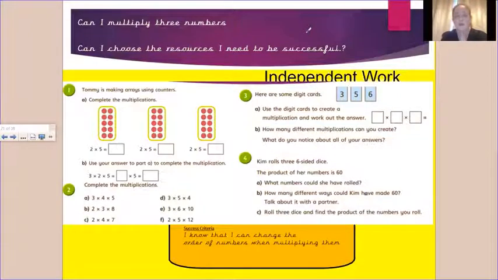So you should pay careful attention when you're looking at question B about what numbers you would need to times together to make 60. If you don't have dice at home to find a product, I want you to think of 3 numbers between 1 and 6 and find the product of just any random 3 numbers. You can ask someone to give you 3 numbers between 1 and 6, and then you can times those together and see what answer, the product, you get.